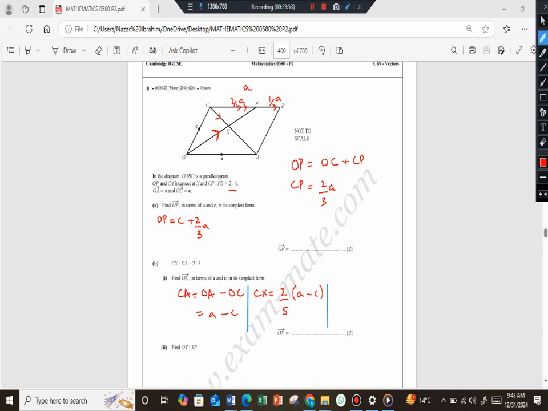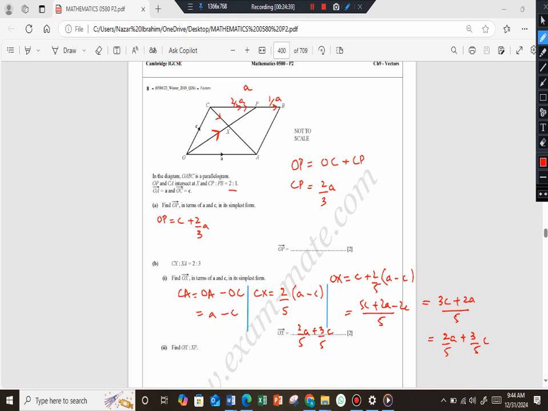OX is equal to OC, which is C, plus CX, which is 2 upon 5 of A minus C. Taking the LCM, I get 5C plus 2A minus 2C, which is 3C plus 2A upon 5. We can write it as 2 upon 5A plus 3 upon 5C. So OX is equal to 2 upon 5A plus 3 upon 5C.